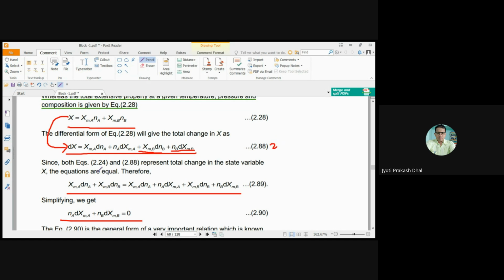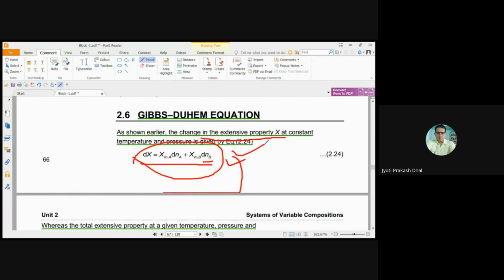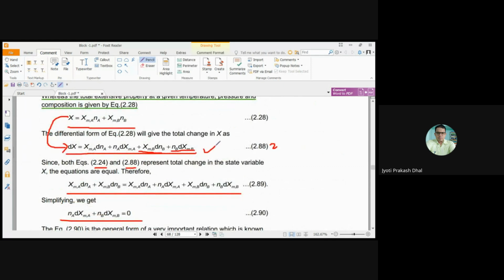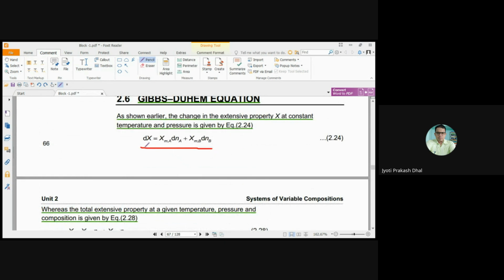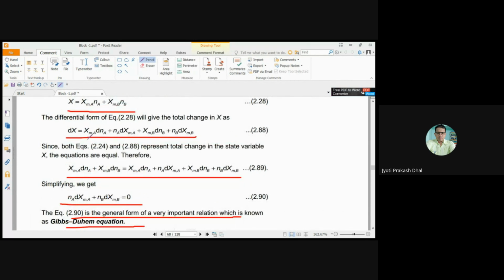And since both equation 2.24 and equation 2.88 give the value of dX, if we compare both equations, equation 2.24 is dX equals X_MA dnA plus X_MB dnB. Equation 2.88 is dX equals X_MA dnA plus nA dX_MA plus X_MB dnB plus nB dX_MB.